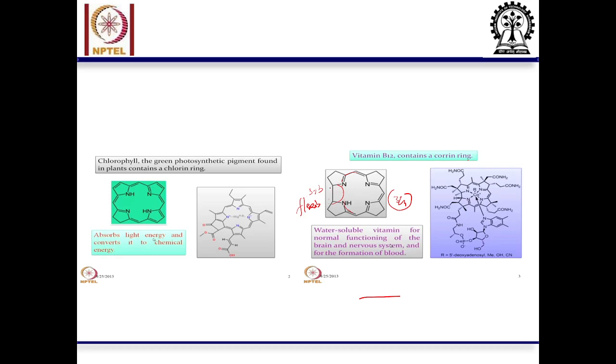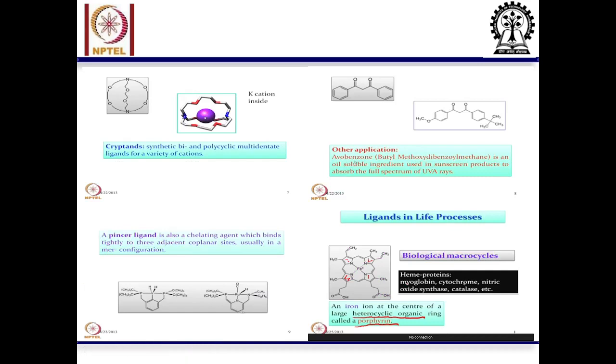So these two sp3 hybridized carbons give flexibility to the ring. So this is the porphyrin ring present in hemoglobin, myoglobin, cytochrome, nitric oxide synthase, catalase. These are all biological proteins or enzymes where the porphyrin ring is present.